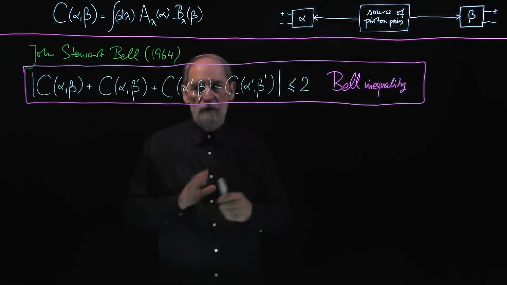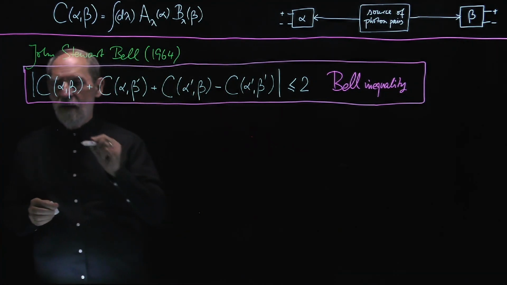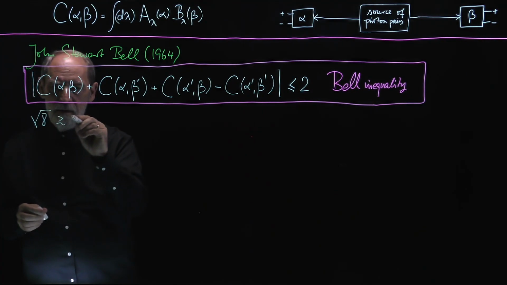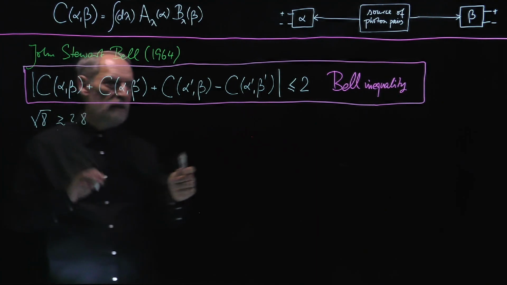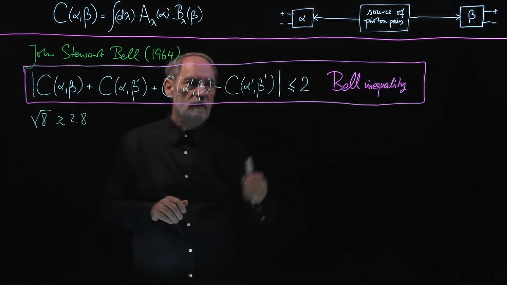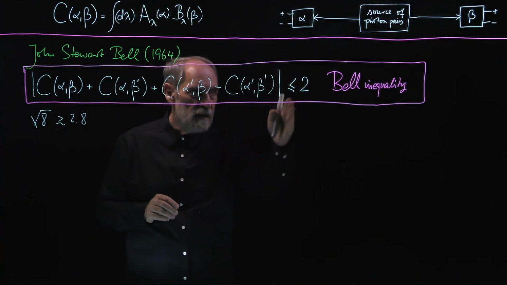Quantum mechanics, as we will see in a later lecture in this cycle, allows values as large as square root 8. And that's a little bit more than 2.8. So clearly above 2.